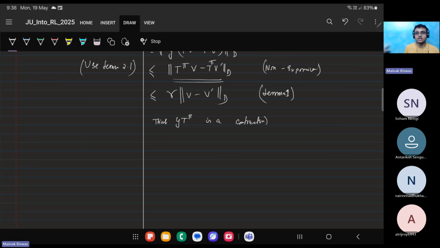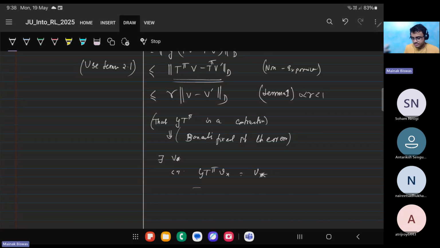Very good. So as soon as I show G T pi is a contraction, what do I know? Banach's fixed point theorem, with gamma between 0 and 1. Tell me, what will I immediately know? The immediate observation is that there exists a V star such that G T pi V star is equal to V star.